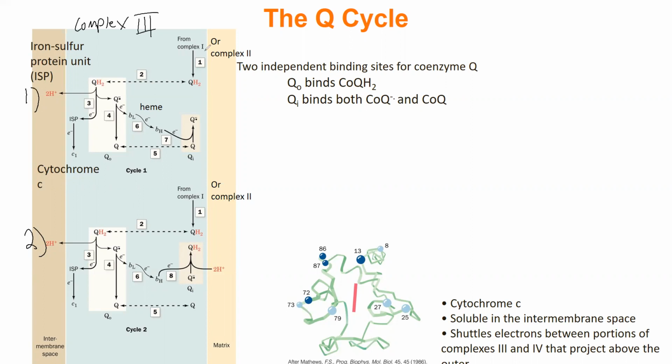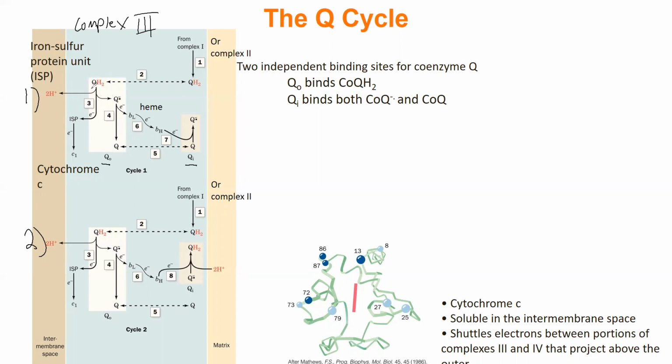So either from complex 1 or complex 2, QH2 will come and bind complex 3. And there are 2 binding sites for Q, called Q0 or QI. I guess it's probably QO. So we'll bind QO first. And there we are in QH2.